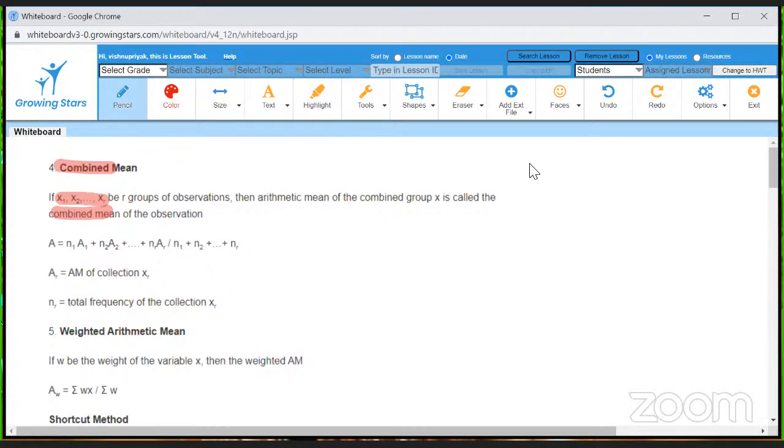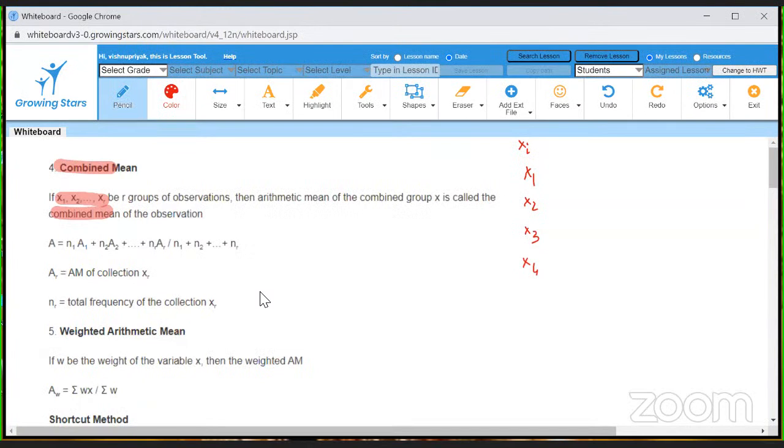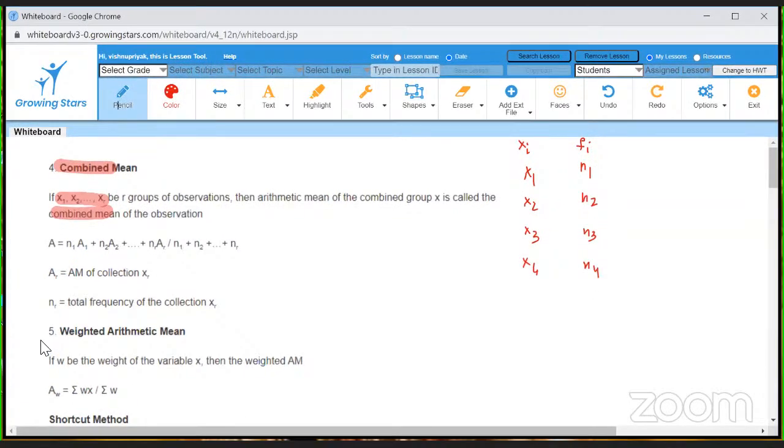How? X1, X2, X3, X4, you have a list, and then you have frequencies, let them be N1, N2, N3, N4. The same formula, but given in a different way.